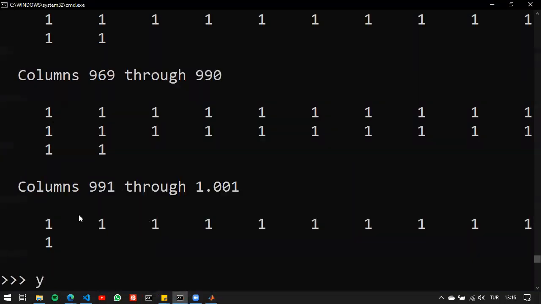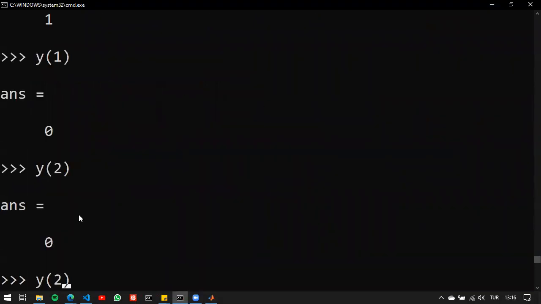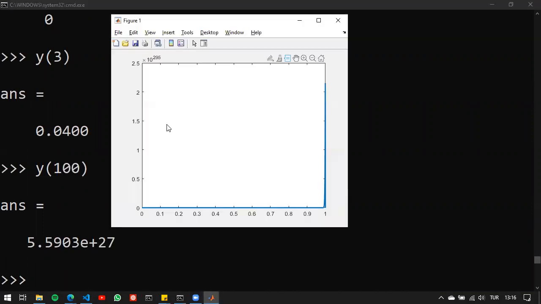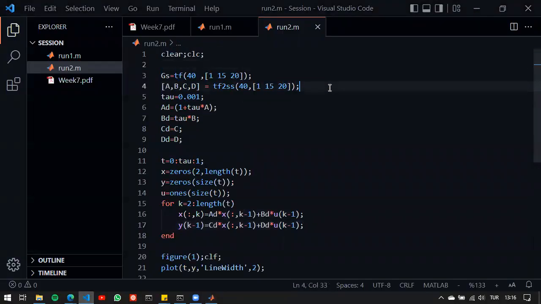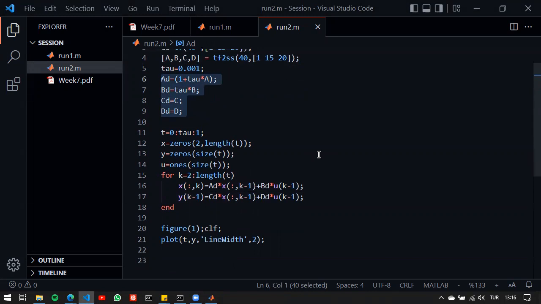Still working. And then first element is 0, second. Seems like we have an issue here. We have to access. And sampling time.